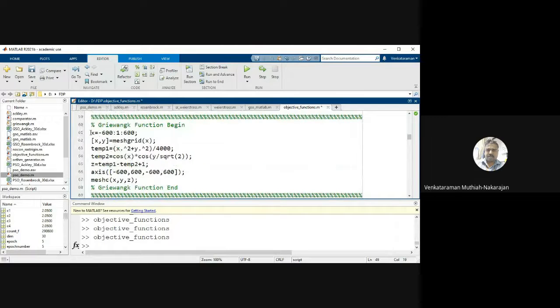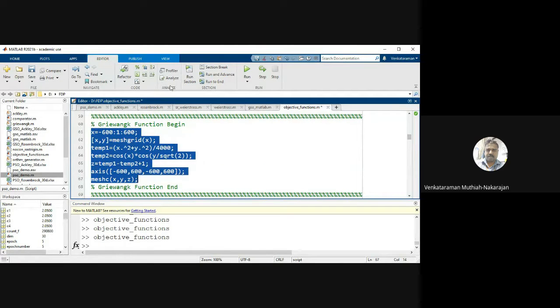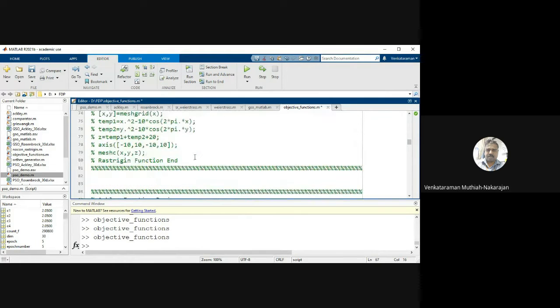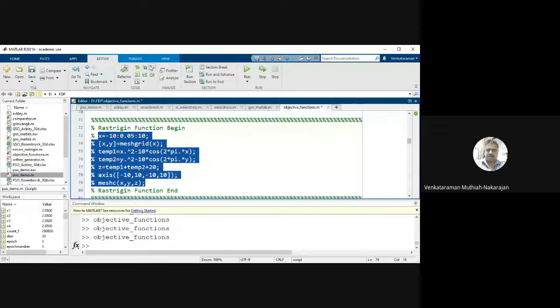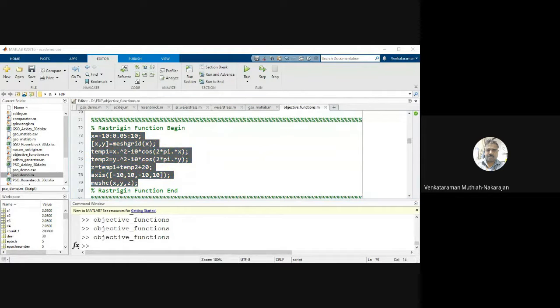Okay, so we'll go to the next function. This maybe the range is too big for this. This is a common function called Rastrigin. As you can see, it has more than multiple minimas. Okay.